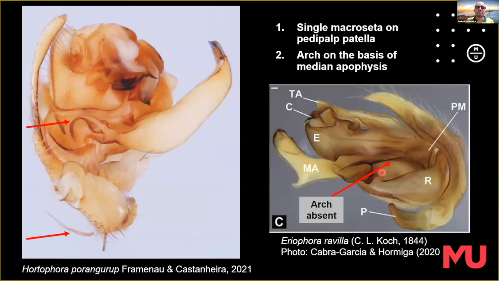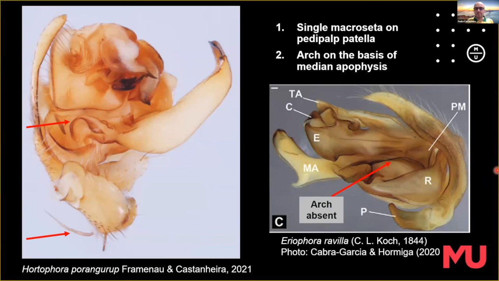About synapomorphies of the Backobourkiines, they are still very unclear, but the male pedipalp presents an arch over the radix and a single microseta on the patella. In the type species of Eriophora, for example, the arch is absent.